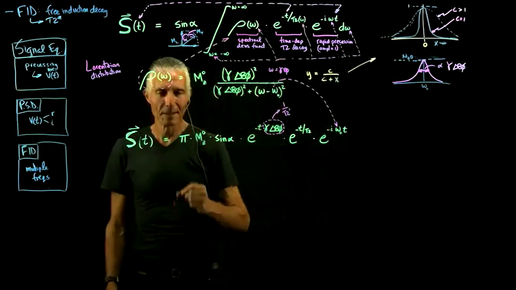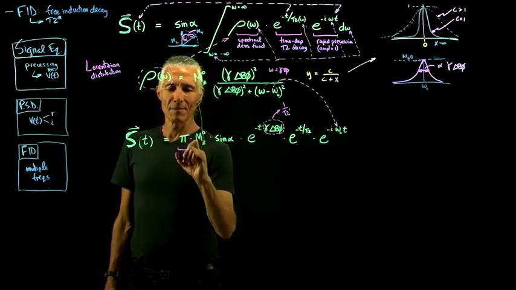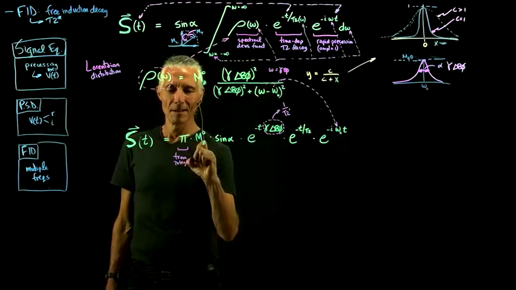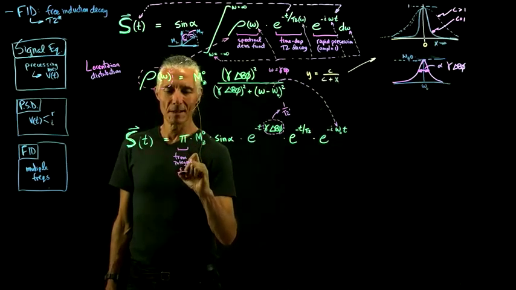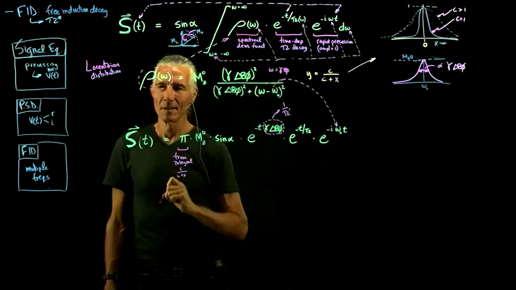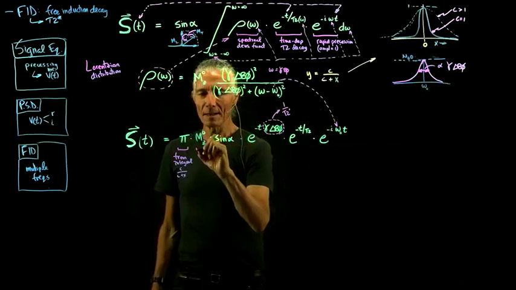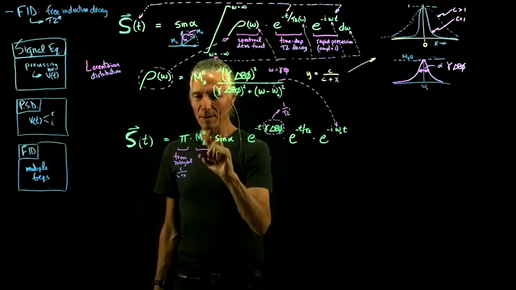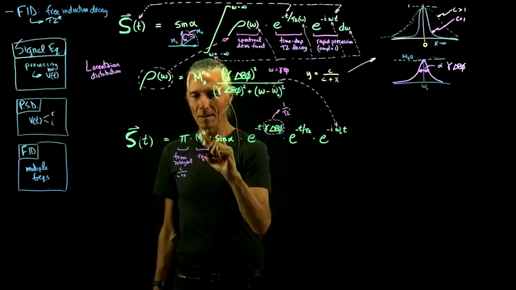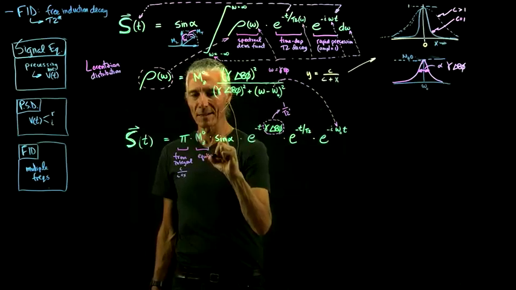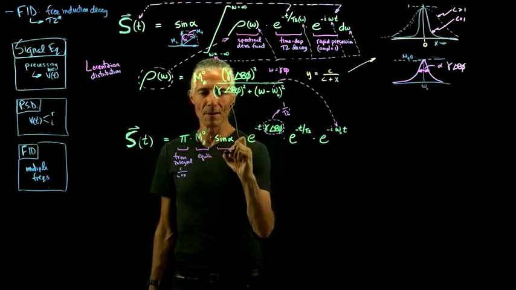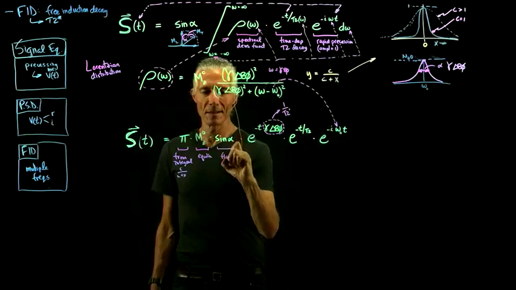So this guy is from the integral of a constant over something that looks like that. This guy is just equilibrium. How much magnetization do we start with? This is the flip dependence.